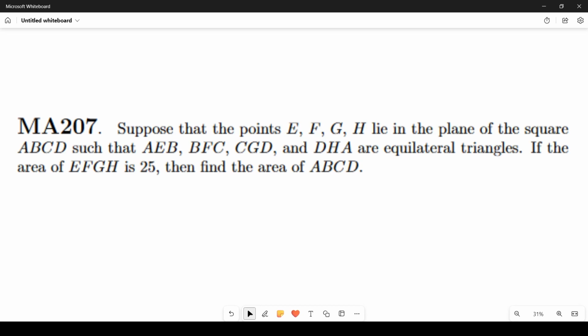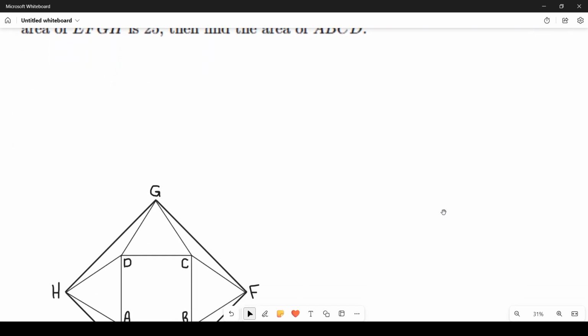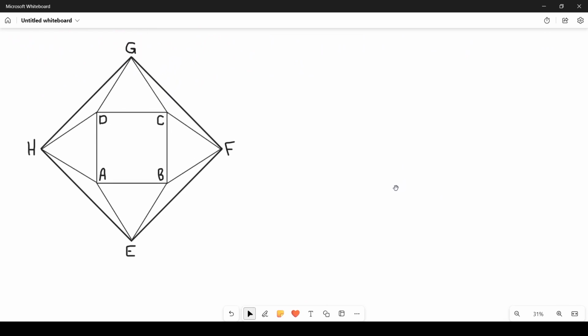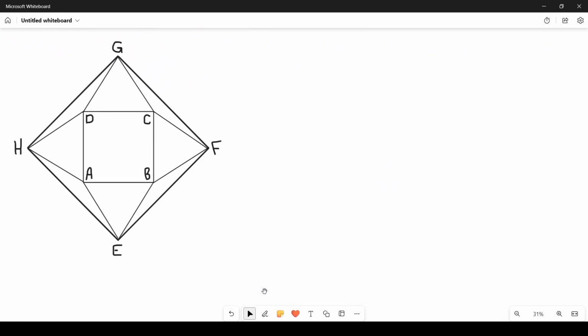This question is really interesting, and there are maybe a lot of different solutions. However, I will show you a pretty easy and, let's say, interesting solution. So yes, the figure of the problem is as you can see it, a square.